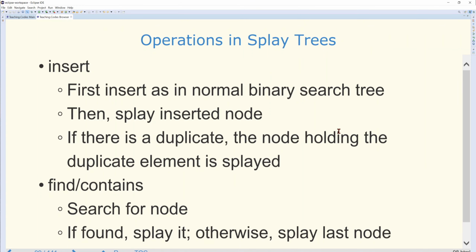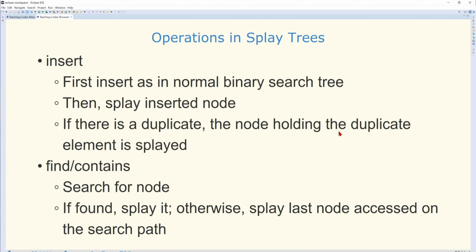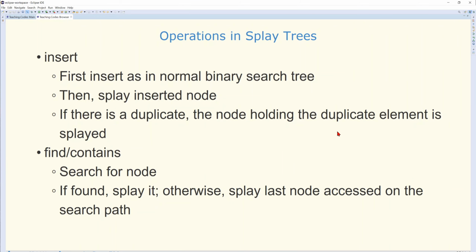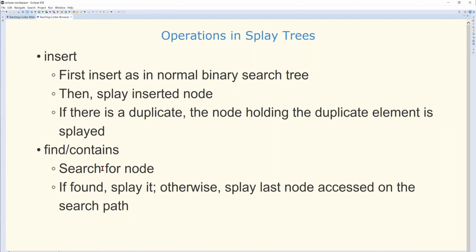So the operations that we need to perform are insert and find, or contains, however you call it. So in the case of insertion, you first put that new node to where it should have been, just as you do with regular binary search trees. After you do the insertion, then you apply the Splay operations, very similar to AVL trees. In the AVL tree case also, we first inserted, then did the rotations.